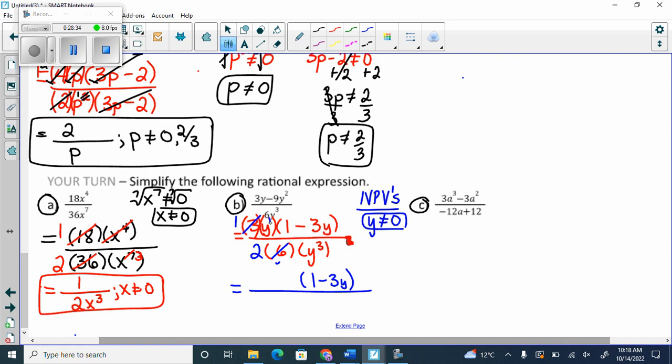How many y's can I take out of both of them? 1. So this one cancels off completely. y3, take out a y, is y squared. Now in the top I'm left with 1 times 1 times 1 minus 3y. So I'm just left with 1 minus 3y. In the bottom I'm left with 2 times 1 times y squared, which is 2y squared. And then I say y can't equal 0.